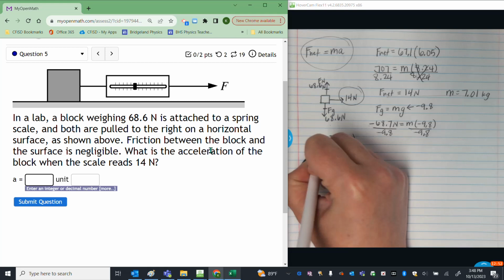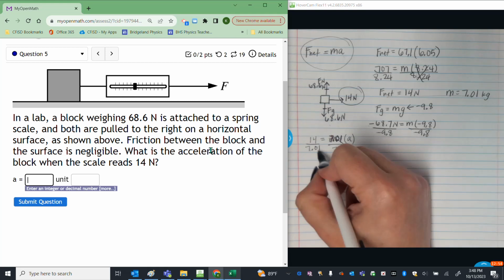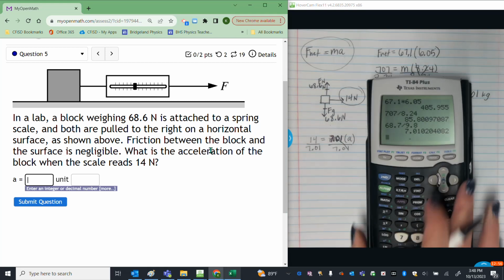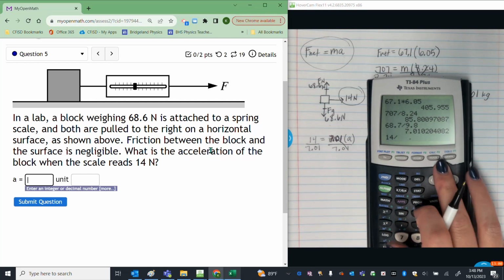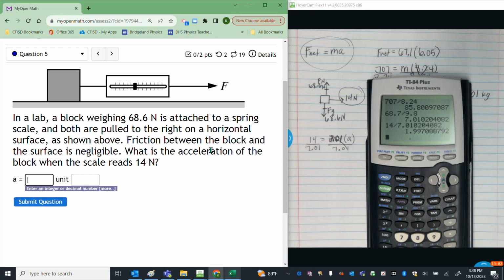I know this is going to be about 2 because this is about 14 divided by 7, but let's see if we have to worry about a decimal. 1.997 to 2 decimal places. If I round that, 1.99 ends up rounding up to 2.00, so I can just call that 2. You shouldn't even have to type the decimals because if there's zeros, it won't make you type them. Acceleration is in units of meters per second squared.